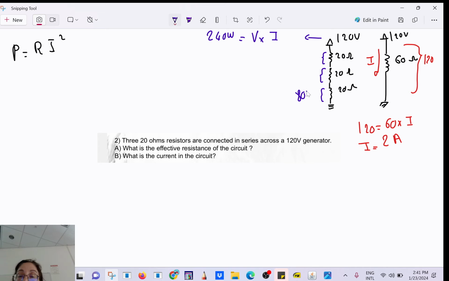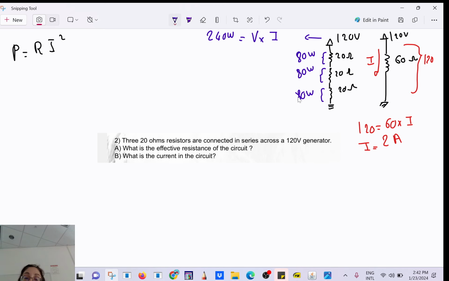This one is going to consume 80, 80, and 80. Do you understand? It's like energy. You have 240 cookies, so this one is going to eat 80, this one 80, this one 80 because they have the same appetite. Is that clear?